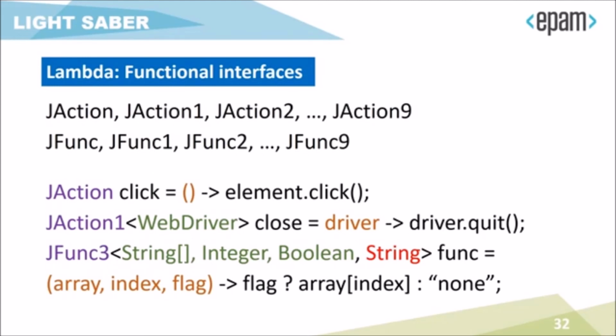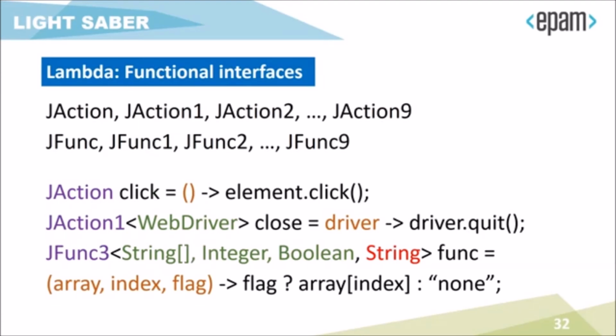We implement a list of interfaces for lambdas. We have a list of interfaces for actions. These are methods that do not return results, and a list of interfaces for functions from 0 input variables up to 9.